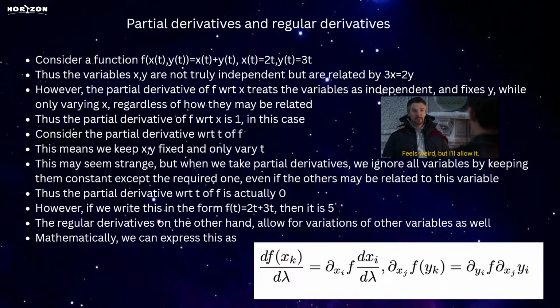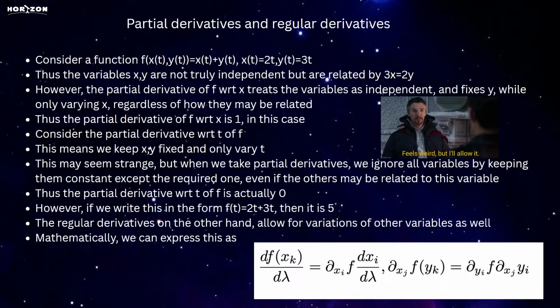So as you can see on your screen, you can consider a function f of x comma y equals x plus y. So first of all, how do we know what variables the function is explicitly dependent on? The bracket next to f says x comma y. So whatever variables are written inside the bracket will be our independent variables.